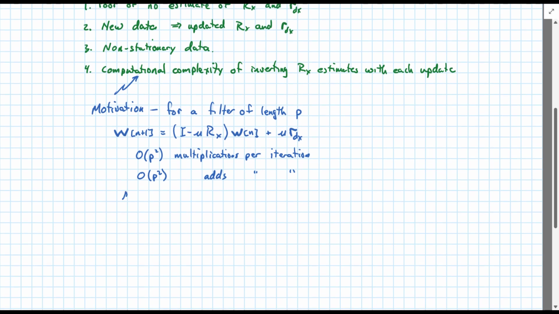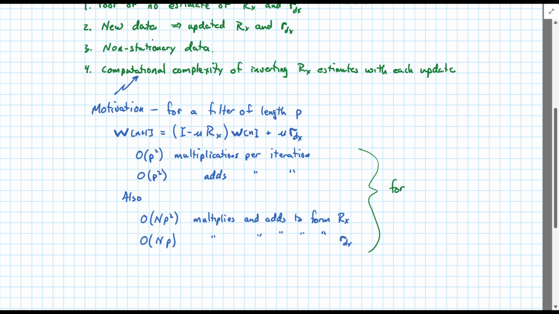But also, we would have order np squared multiplies and adds to form Rx, and a bunch more for Rdx.